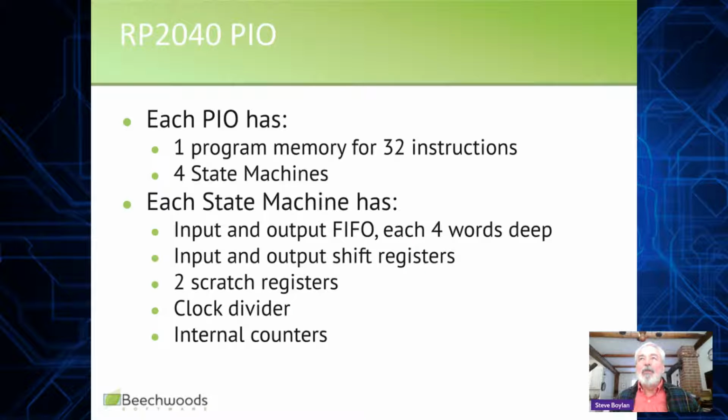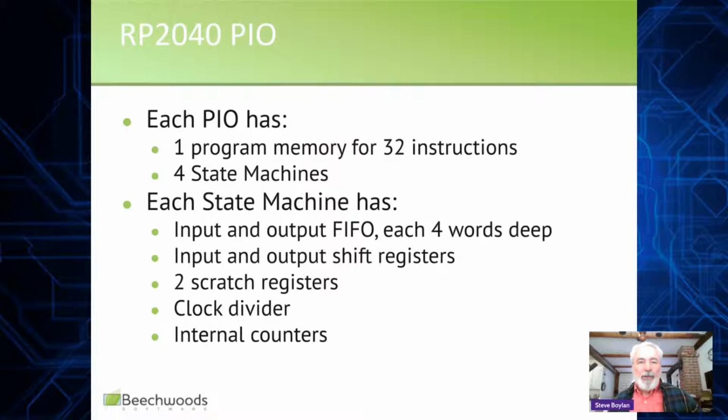You can set all the IO pins in one instruction in one clock cycle, which can be pretty impressive. But you can control the speed at which that happens with the clock divider to slow it down to, say, the baud rate that you want. There's also some internal counters that track where you are in the shift register, for example.